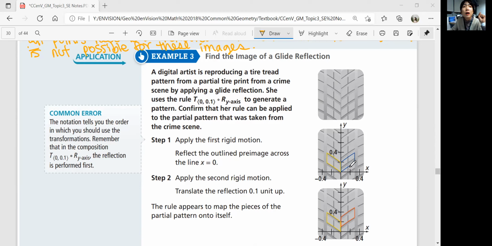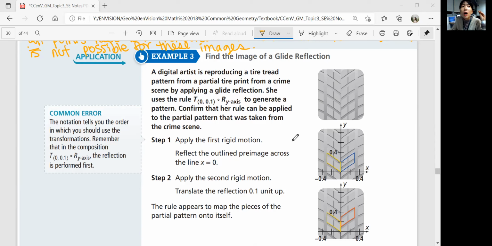Okay, and then you apply the second rigid motion, which is translating the reflection 0.1 unit up. So first you reflect the yellow one so that it becomes a blue one, and then you translate a little bit up. And that is called a glide reflection because you reflected and then moved upwards. And this upward movement is parallel to your line of reflection. Okay, the rule appears to map the pieces of the partial pattern onto itself.